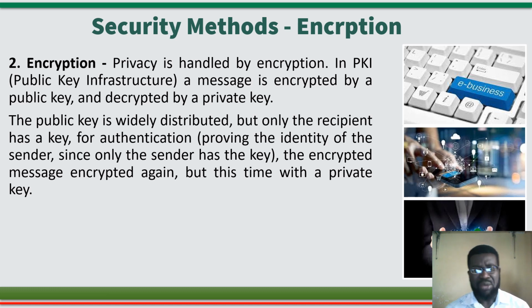Authentication simply means proving the identity of the sender, since only the sender has the key. Now, the encrypted message is encrypted again after the authentication is done, but this time with a private key. Now, that is how the encryption security measure works.